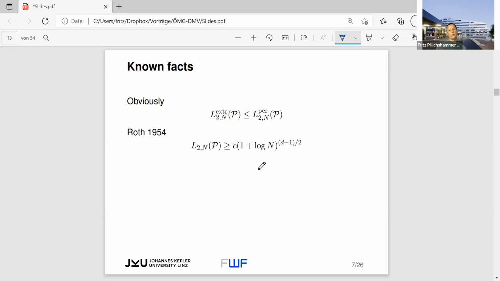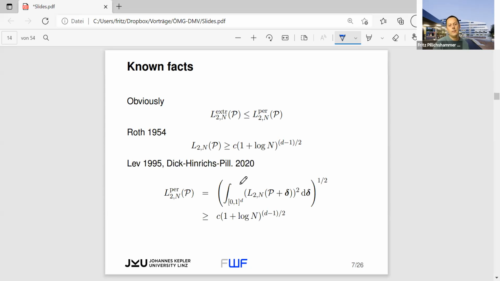And of course, we also ask ourselves, is a corresponding result also true for the other two notions of L2 discrepancy, L2 extreme and L2 periodic discrepancy? This is easily seen for the L2 periodic discrepancy when we use a result of Lev that was later reproved in one of our papers also, but it was first shown by Lev in the 1990s, namely a connection between the L2 periodic discrepancy and the usual L2 star discrepancy.